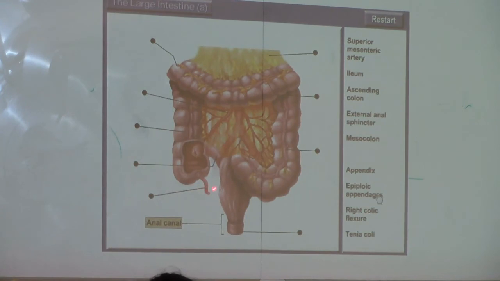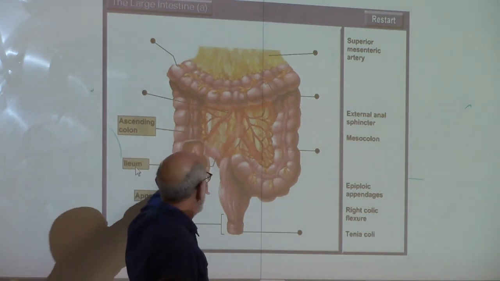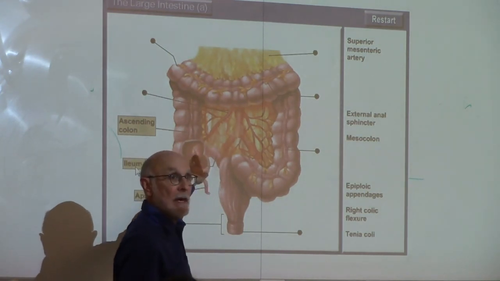Yeah, it's still the appendix. The ascending colon. Yeah, that's still the ascending colon. The ileum is this one here. And now we've got a little window here into the cecum. There's the ileocecal junction from the inside.